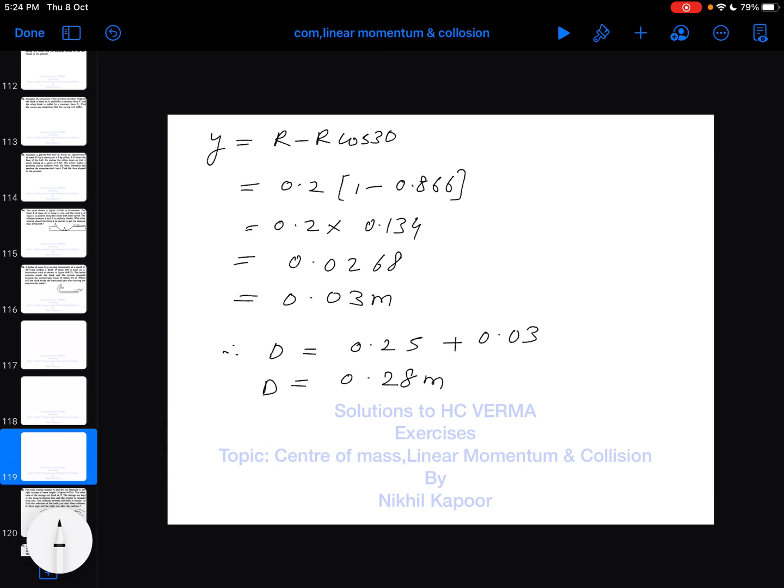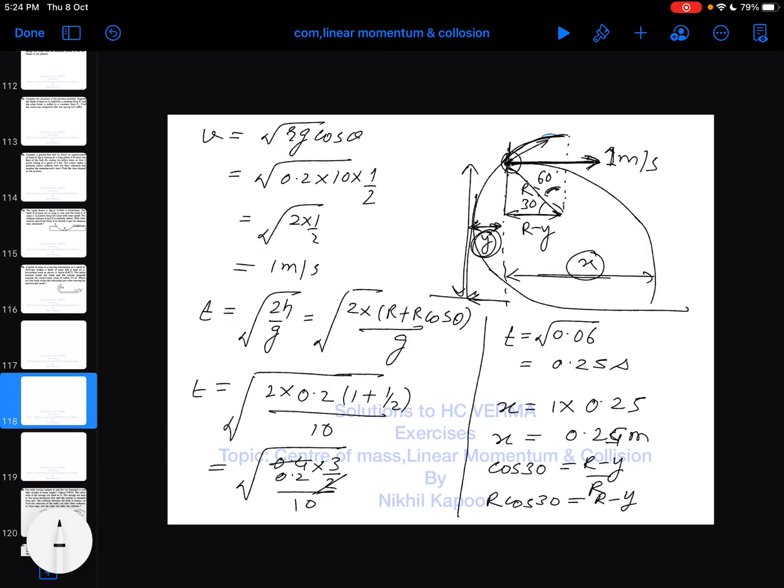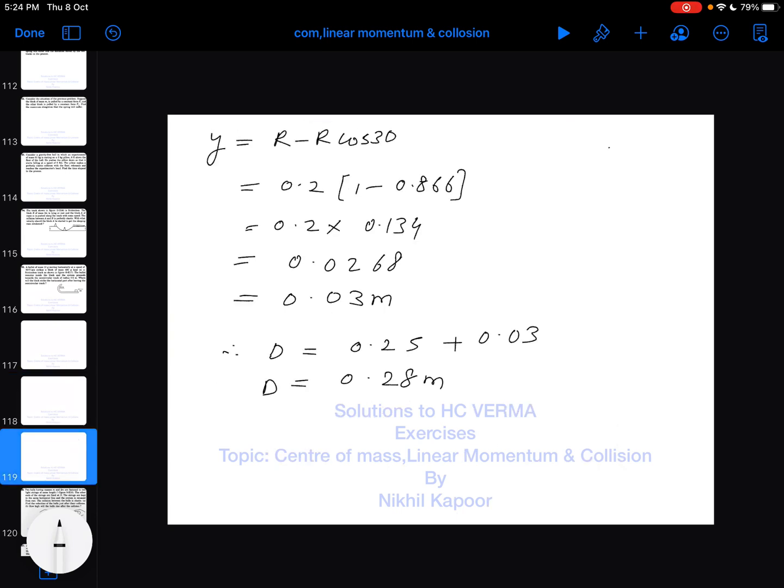So approximately you will see that it will fall near to the intersection of the horizontal part and the circular part, somewhere here. Because the radius of the track is 0.2 meter, obviously it will fall nearer to it, somewhere here. Okay, thank you.